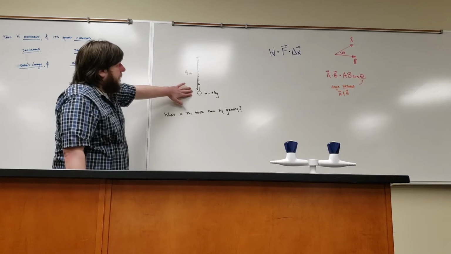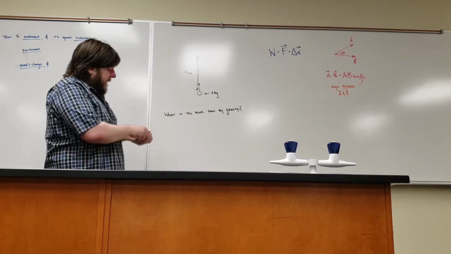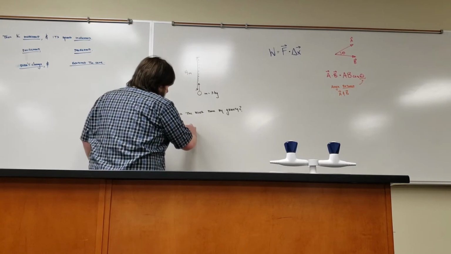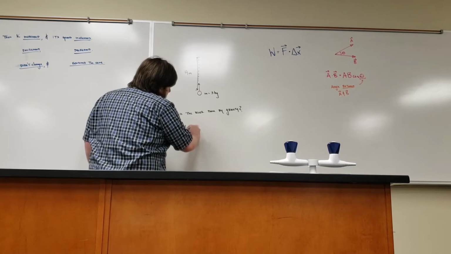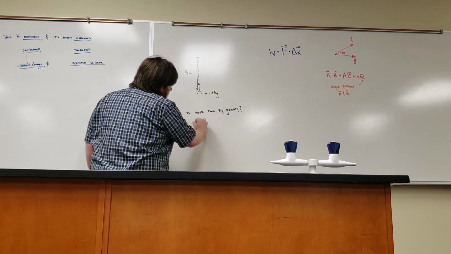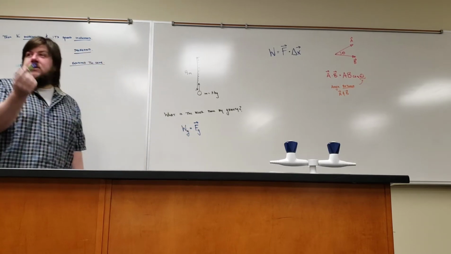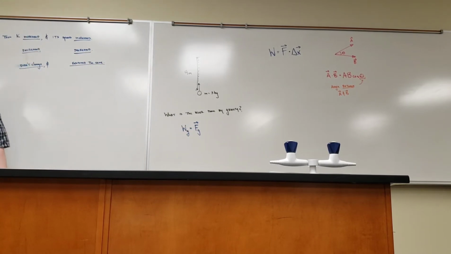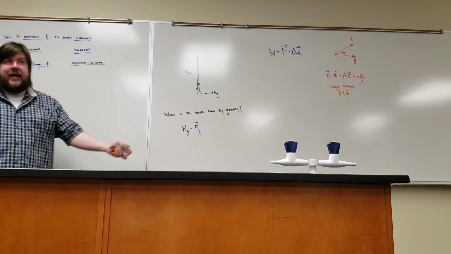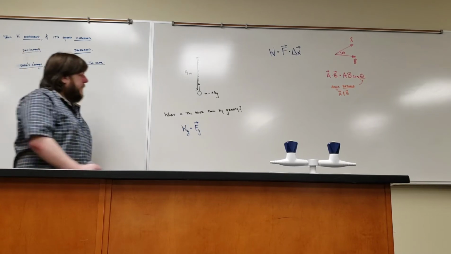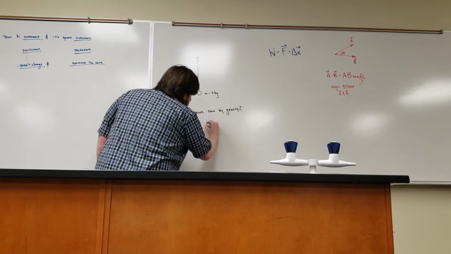For this problem, we would then say that the work done by gravity is going to be the force of gravity, which I'll just call Fg. I'm not going to use W because I don't want to confuse it with work. But the force of gravity is just the weight, dot the displacement.